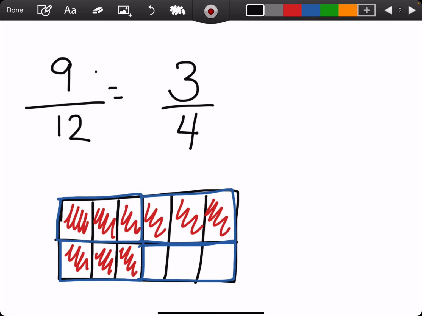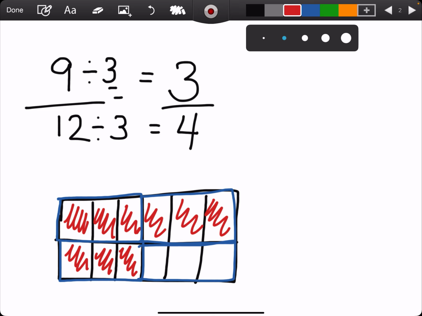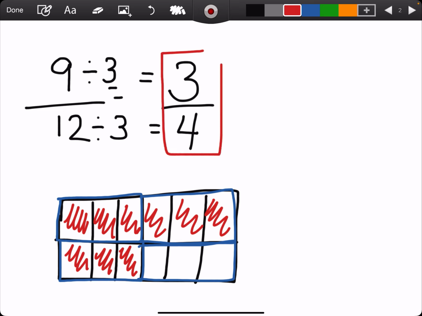Well, I know I could divide them each by 3, since 3 goes into 9 and 3 goes into 12. 9 divided by 3 equals 3. 12 divided by 3 equals 4. So 9/12 equals 3/4. Now, that's how we can do it showing a model.